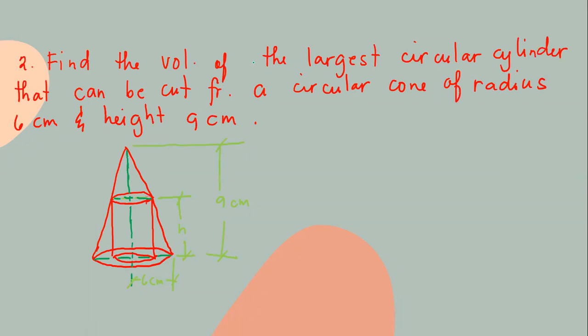Now, find the volume of the largest circular cylinder that can be cut from a circular cone of radius 6 centimeters and height 9 centimeters.